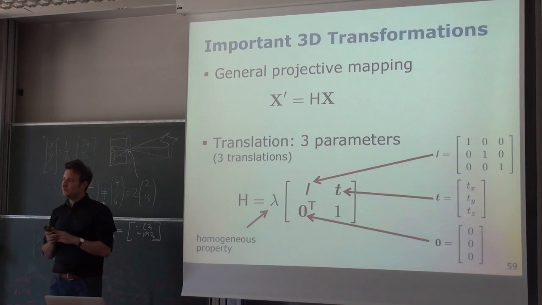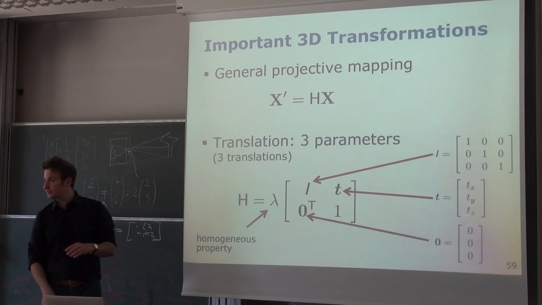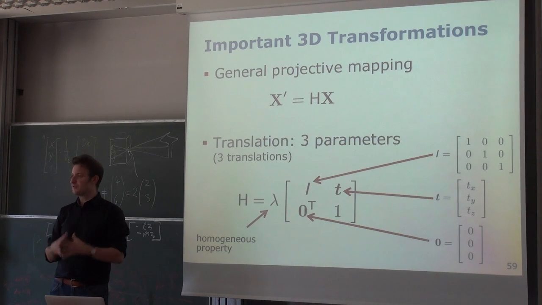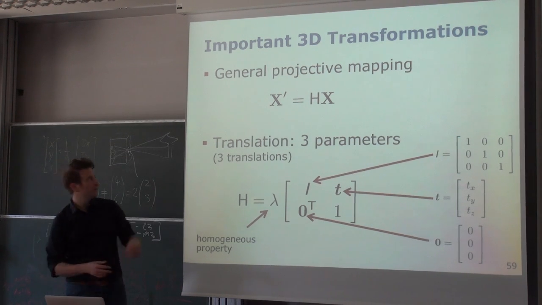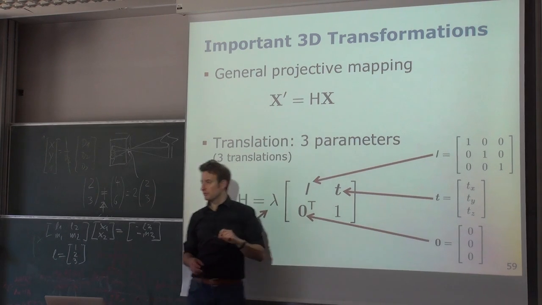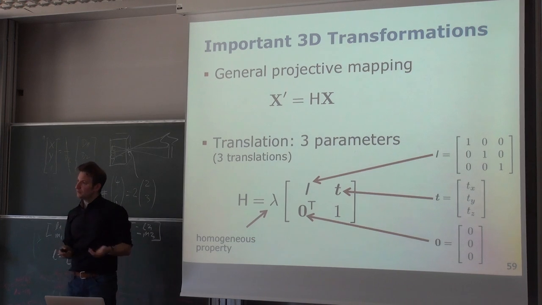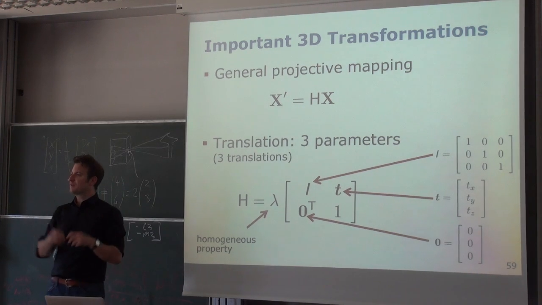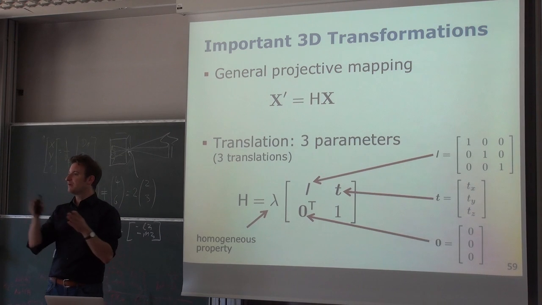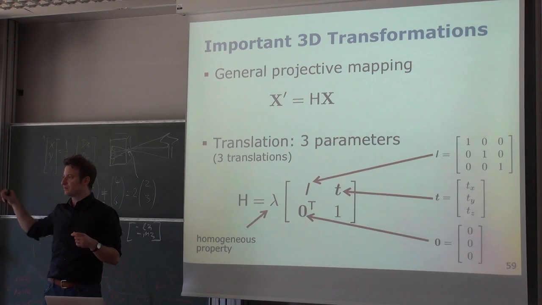The easiest form is a translation. Let's express a simple translation through this matrix H. And this is also one of the big advantages compared to the Euclidean space, where I can perfectly express my rotation with a matrix, but not a translation. I always had this plus a vector.